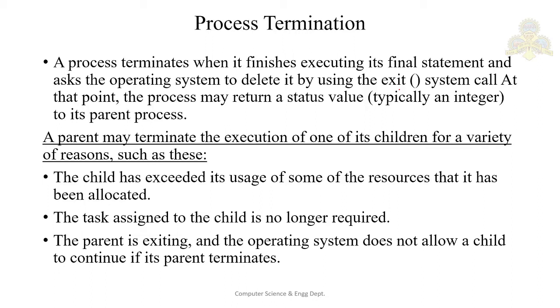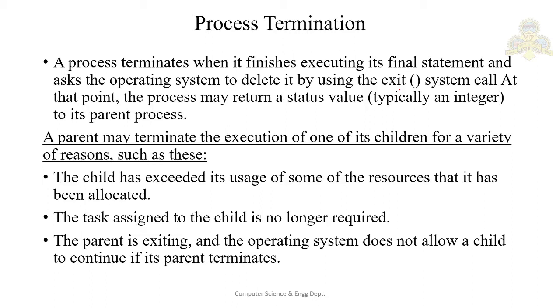Now, termination of a process can occur in other situations as well. A process can cause the termination of another process via a system call, for example a terminate process system call. Usually such a system call can be invoked only by the parent of the process that is to be terminated.